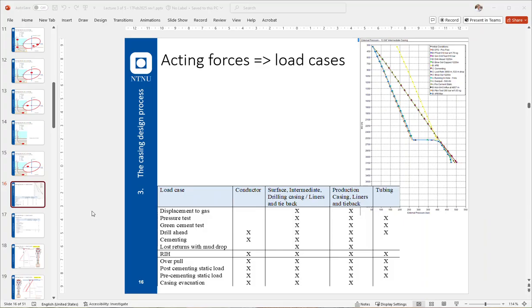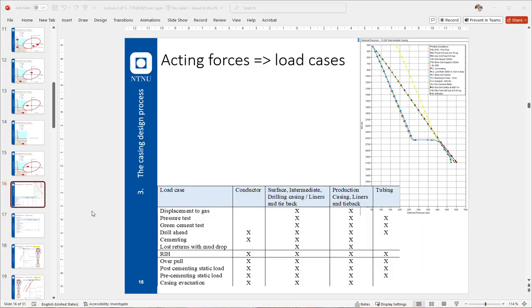The load cases. Top here, first one listed, displacement to gas. It's a situation where the casing that you have installed and you're drilling, the whole casing is displaced to gas. This is an extreme case, and yes, it's not very likely to take place, but still it's a scenario, and it's a design philosophy more than a probable situation.